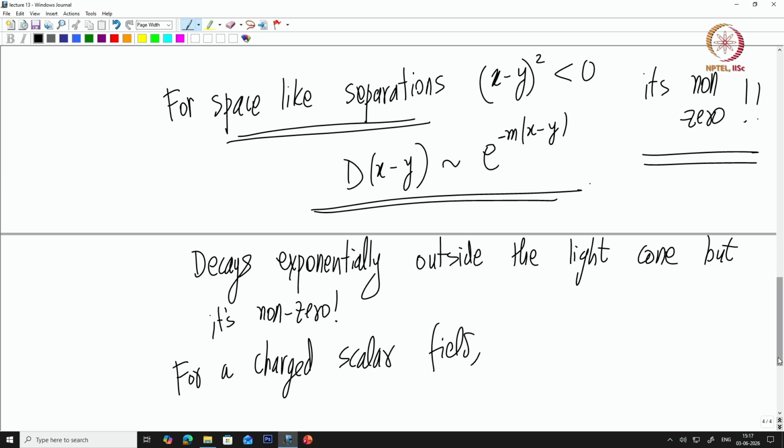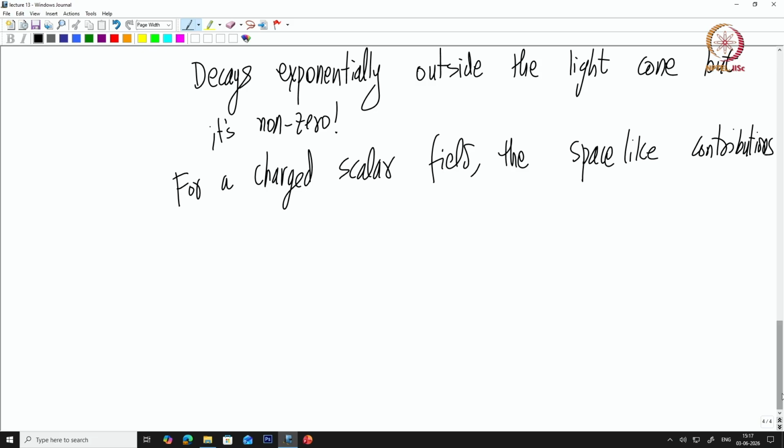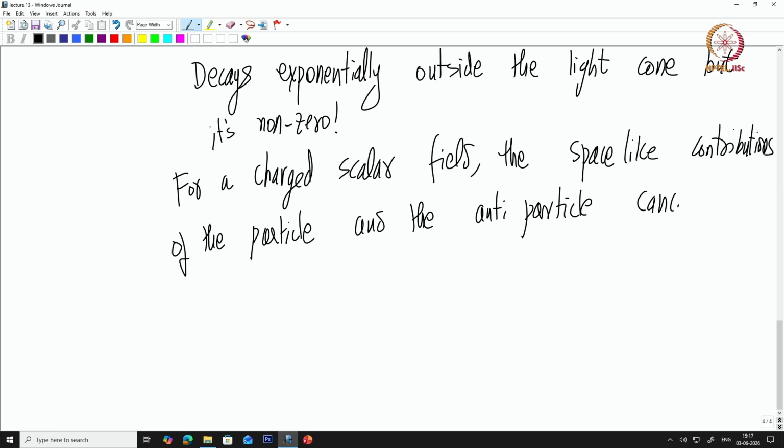So, the space-like contributions of the particle and the antiparticle cancel each other.